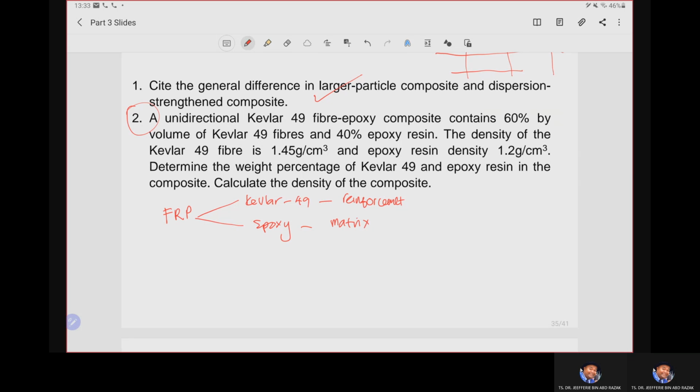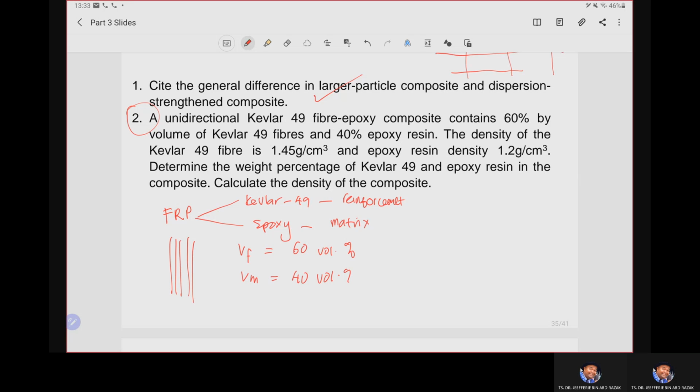It is unidirectional, meaning the fibers are oriented like this, and contains about 60% by volume of Kevlar 49 fibers, so this is your VF equals 60 volume percent, and 40% epoxy resin, so this is your VM, about 40 volume percent.